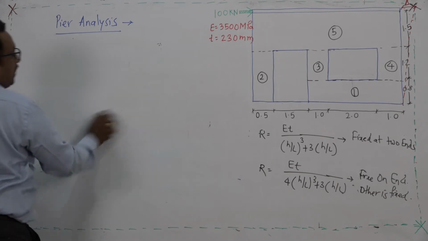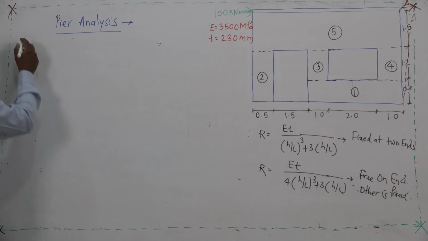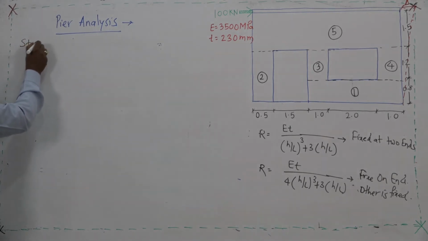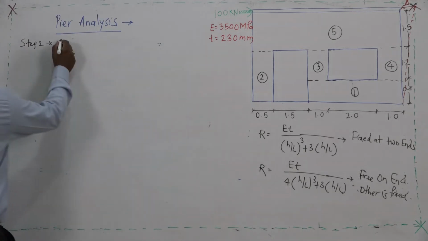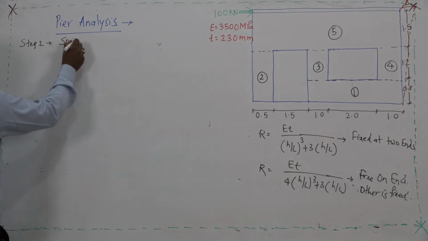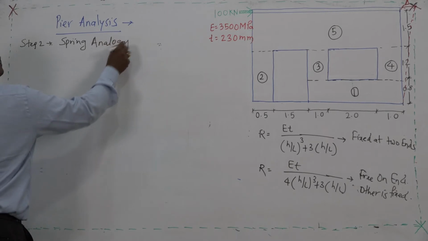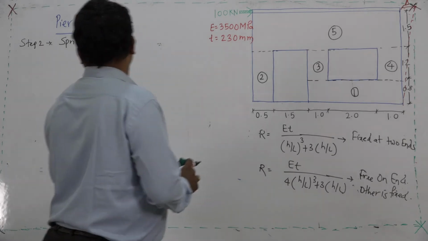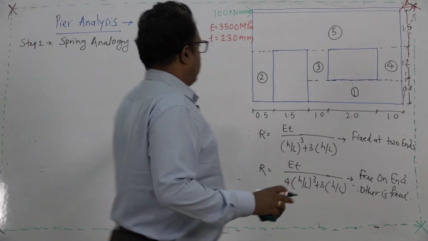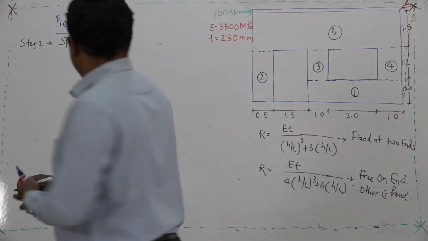So, in step number 2 now, we will try to implement the spring analogy here. So, the spring analogy, what we have learned in structural dynamics, the same we will try to implement to understand how the distribution of the force will be there in the different piers.